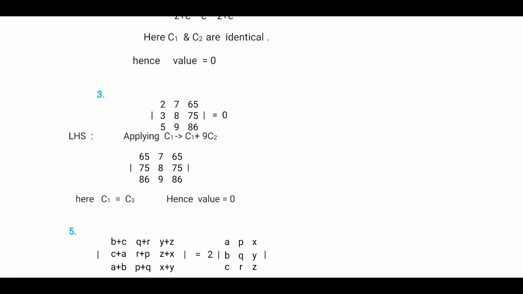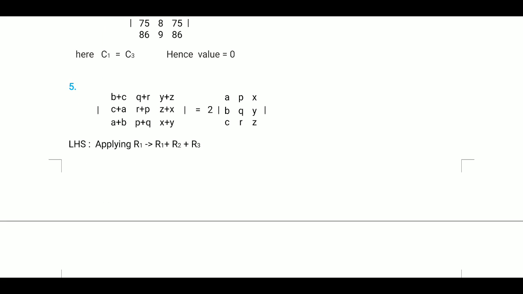If we multiply the elements of C2 by 9 and add to C1, then the change will be in C1. So we get 65, 75, 86 and 7, 8, 9, 65, 75. Here we see that C1 and C3 are identical, so the value will be 0.